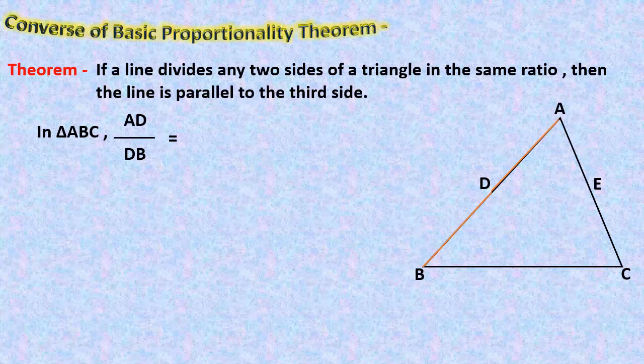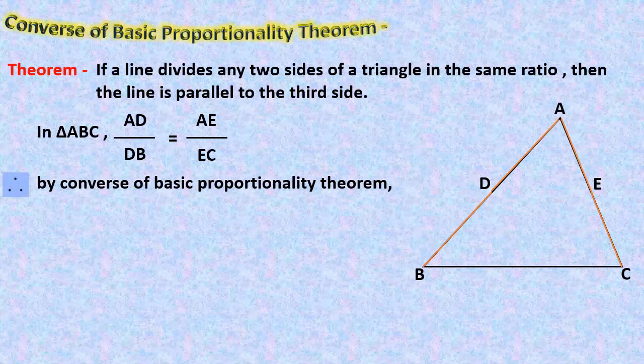Here the ratio is the same, so by the converse of the basic proportionality theorem, we can say that line DE is parallel to segment BC. In this way, we have seen the converse of the basic proportionality theorem in short.